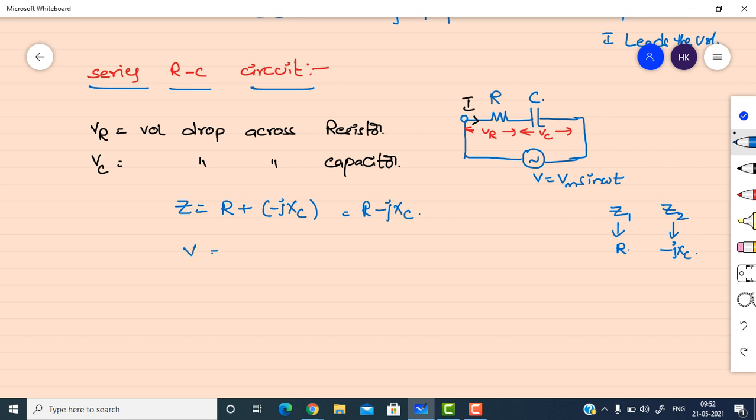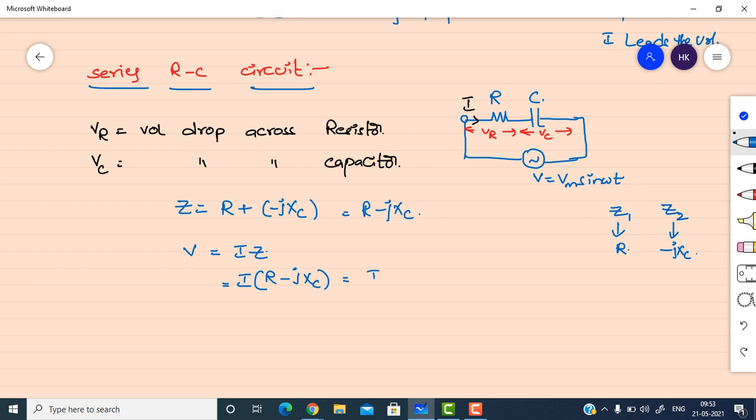So we know that V is equal to I into Z formula. V is the total voltage in the circuit, I is the current passing through the circuit, and Z is the total impedance of the circuit. In place of Z, we can substitute the value R minus jXC.